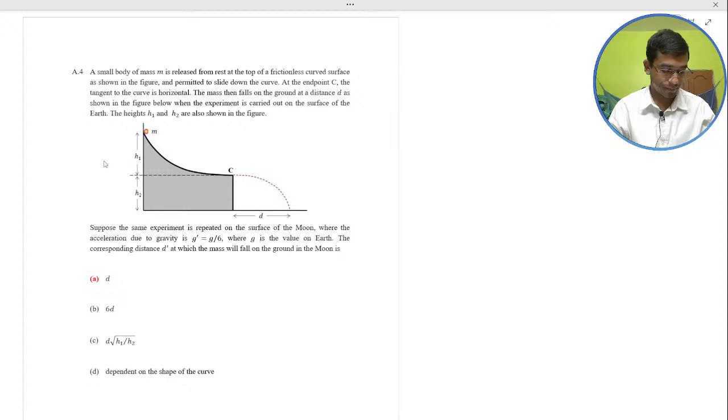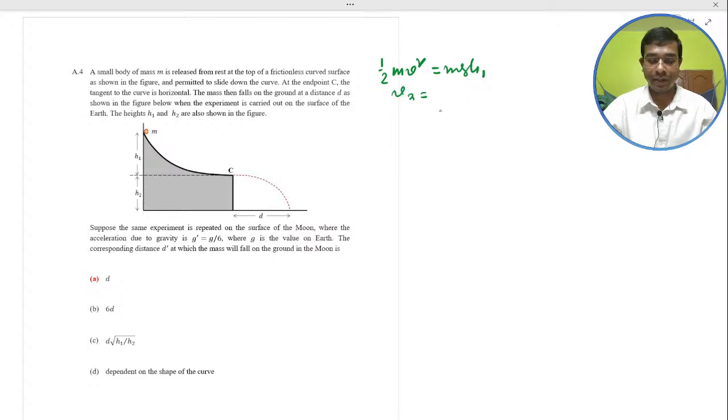So here, try yourself and give me feedback on the answer. Here, by conservation of energy, the kinetic energy half mv square is equal to the potential energy mg h1.